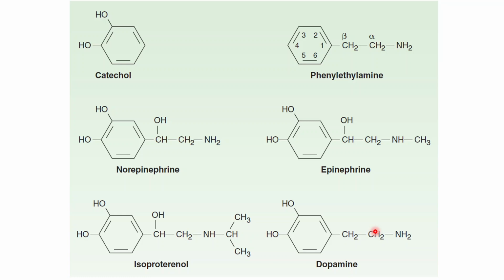In addition to facilitating activation of adrenoceptors, this hydroxyl group may be important for storage of sympathomimetic amines in neurovesicles. So most sympathomimetics have a beta hydroxyl group.